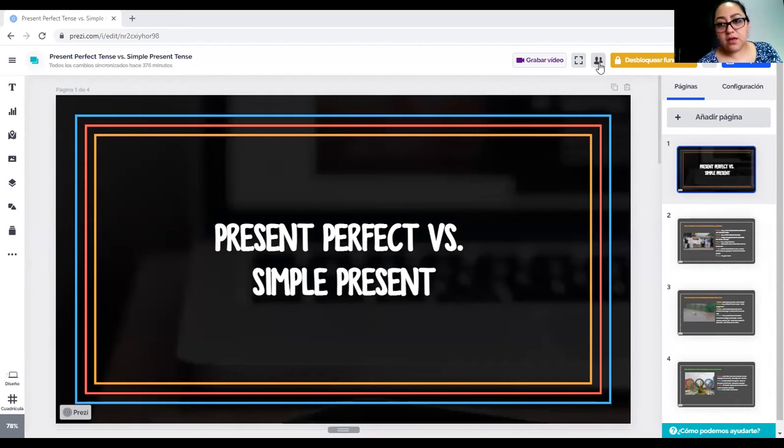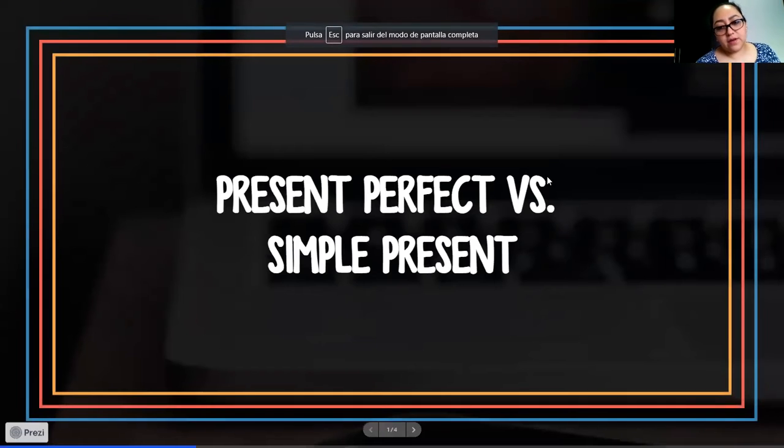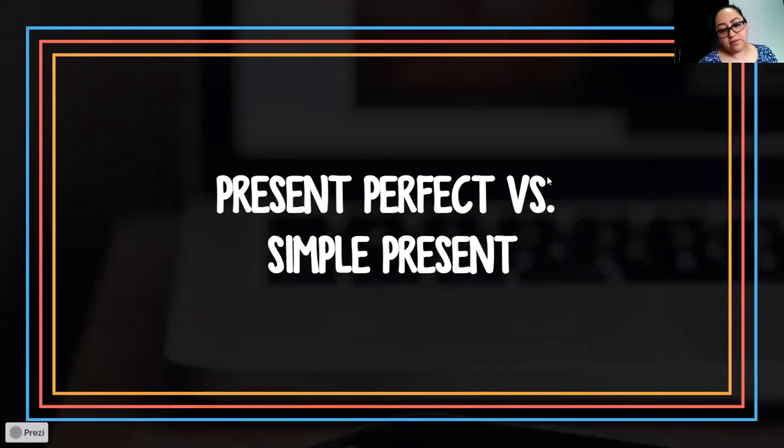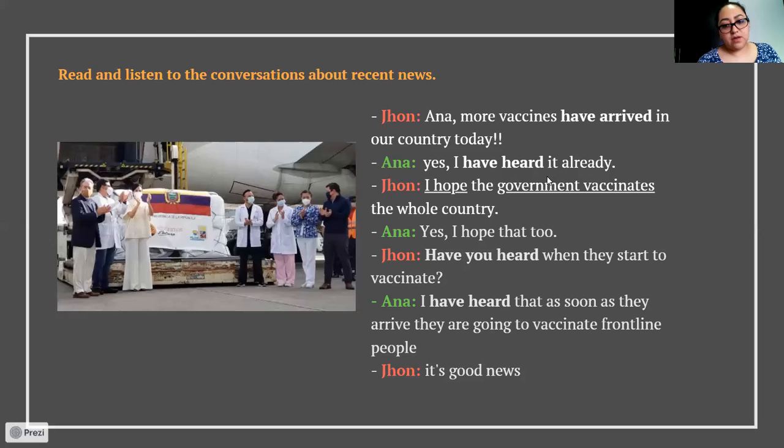So here I have designed this presentation with the application Prezi. Here we can see present perfect versus simple present. Here, John and Anna say Moderna vaccines have arrived in our country today, and it's a conversation about recent news.